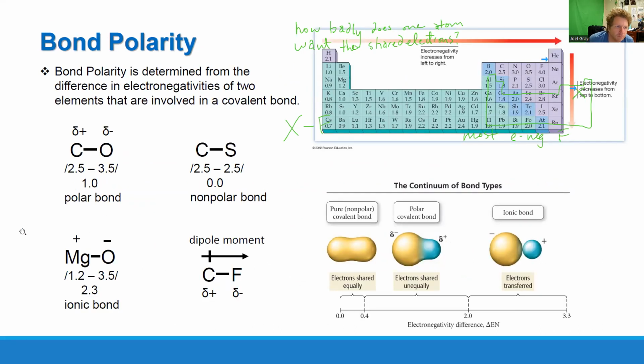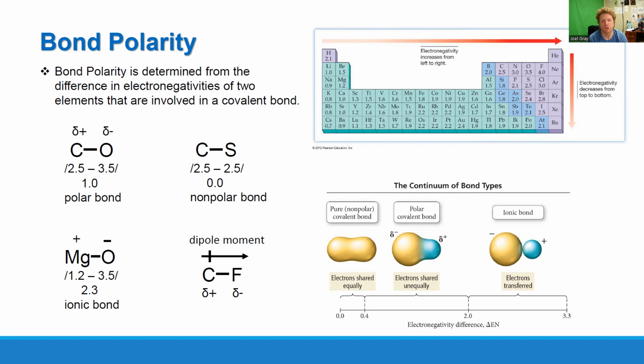Now, this is basically that same trend that I just described on the periodic table. And then this bond polarity ranges from a purely nonpolar bond to a polar covalent bond to an ionic bond, depending on the magnitude of these differences.